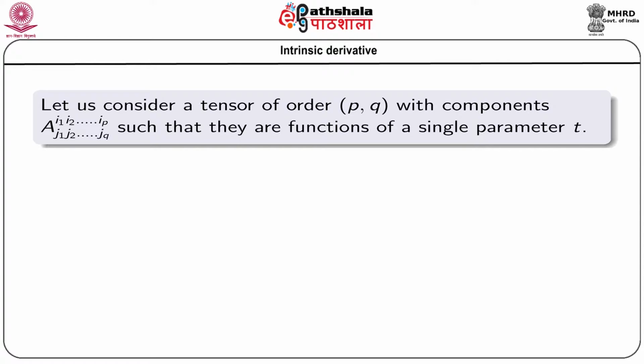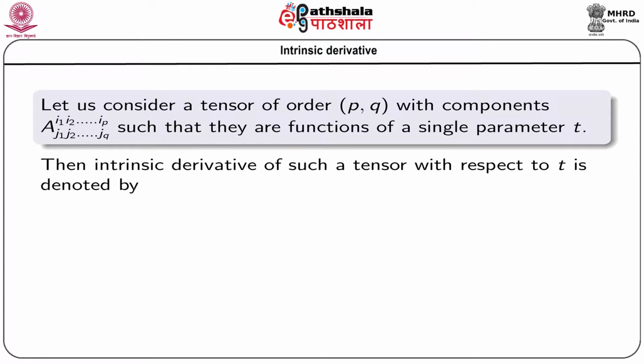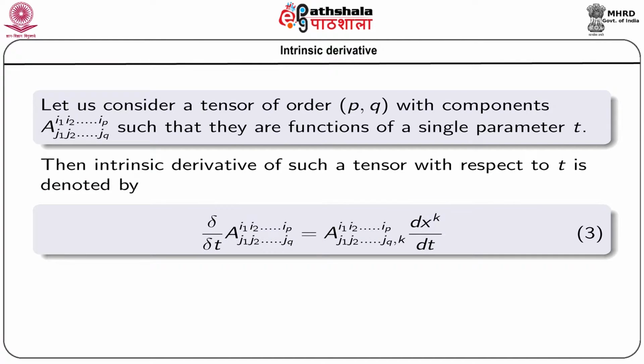If a tensor is of type p, q, or order p, q, with components A i1 i2 ... ip, j1 j2 ... jq, such that they are functions of a single parameter t, then the intrinsic derivative of such components with respect to t is defined by del t A i1 i2 ... ip j1 j2 ... jq equals A i1 i2 ... ip j1 j2 ... jq comma k dxk/dt.